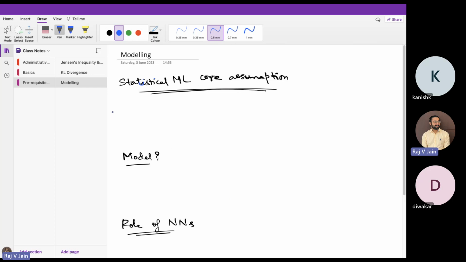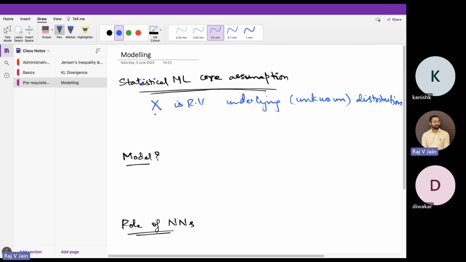Let's say you're dealing with images, for example images of dogs and cats. What you have is basically some data, and I'll represent the data as X. What ML tells you is that X is a random variable, and it has an underlying, generally unknown, distribution.